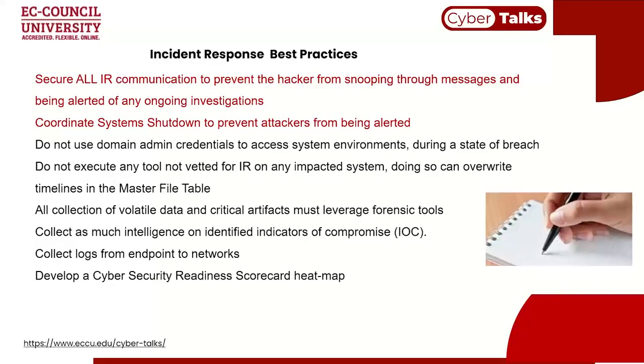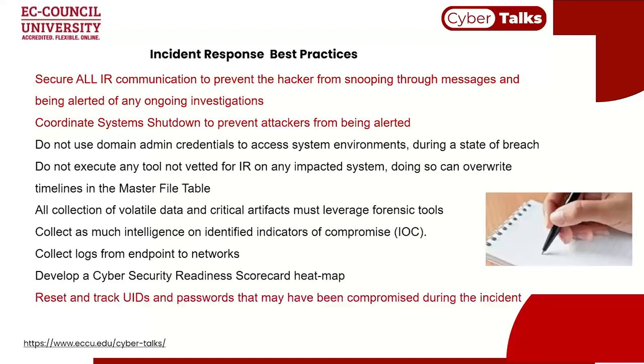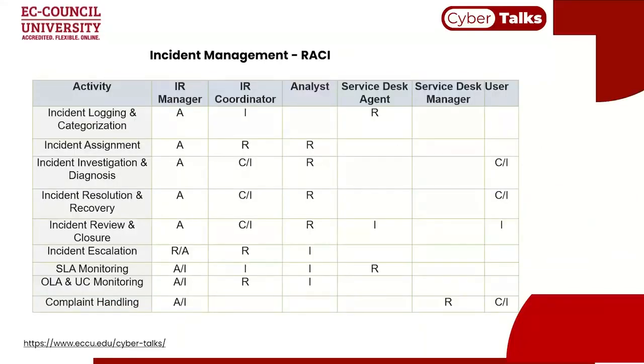And then one thing I have seen as an after-action that worked well was developing a cybersecurity readiness scorecard and a heat map. User IDs and passwords that may have been compromised during the incident must be reset, and we track those user IDs.